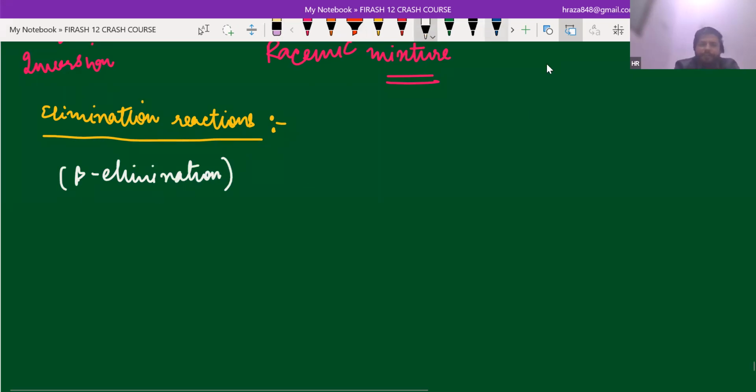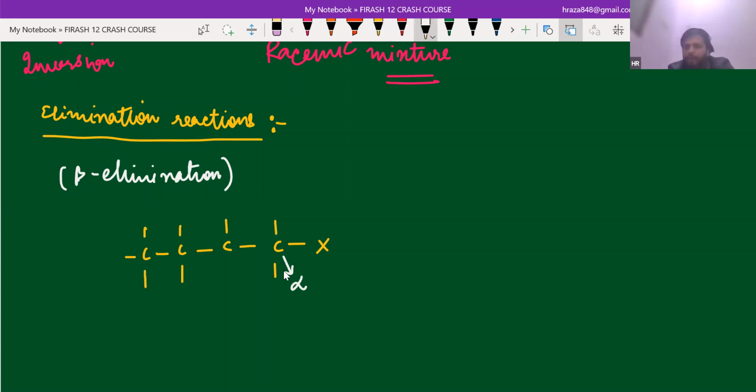See, this is the carbon where X is connected. That means this is your alpha carbon. Are you getting my point? And the carbon which is connected with the alpha carbon is your beta carbon. And the carbon which is connected with the beta carbon is called gamma carbon. And the carbon connected with this is called delta carbon.